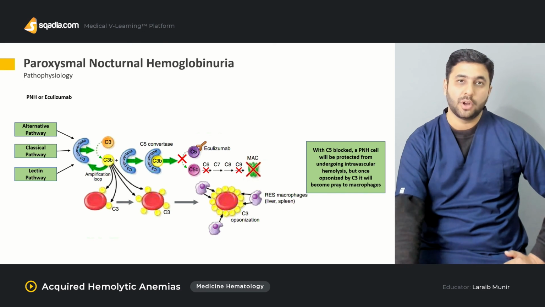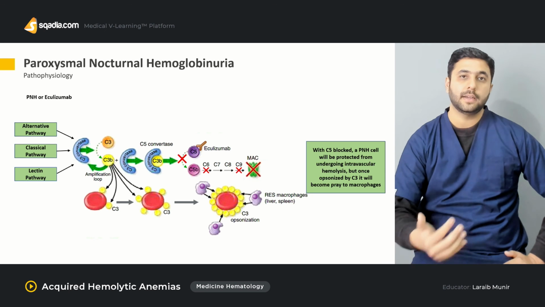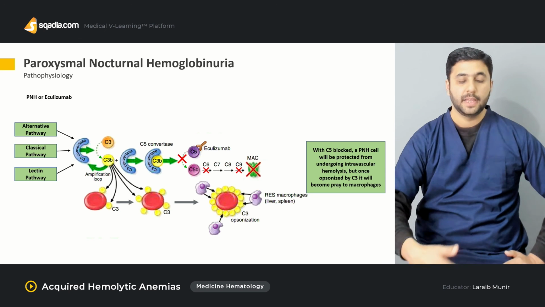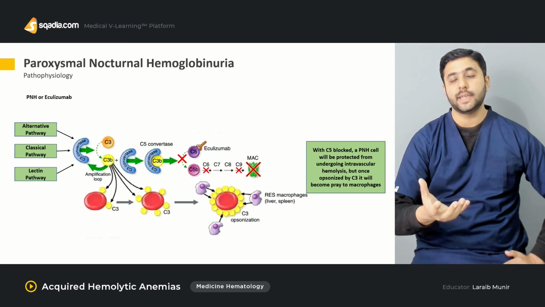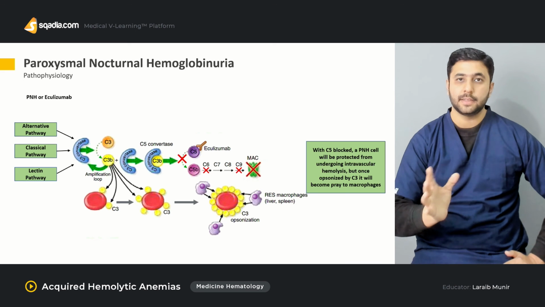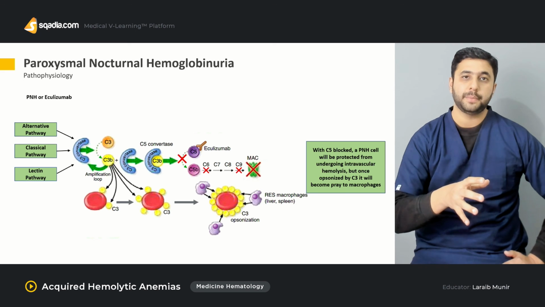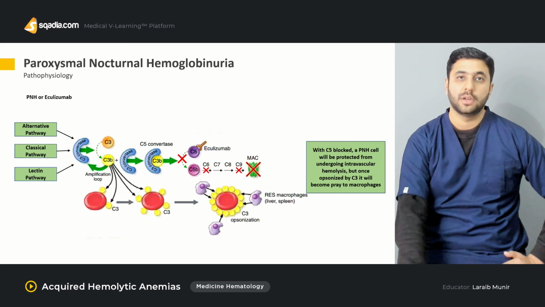So the intravascular hemolysis is generally subsided. There will be no hemoglobin in the urine. The redness of the urine sample at night will be better. But there will be certain other symptoms of anemia because of the extravascular hemolysis.